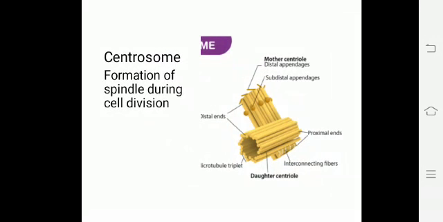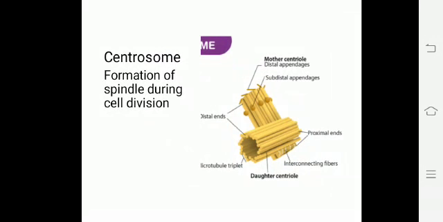Each cylindrical body we can call a centriole. Then what is the work of the centrosome in the cell? It helps in the formation of the spindle fiber during cell division. My dear students, you will see in higher classes that when a cell divides, one cell forms two new daughter cells. At that time there is involvement of the centrosome also. You can see it in higher classes.